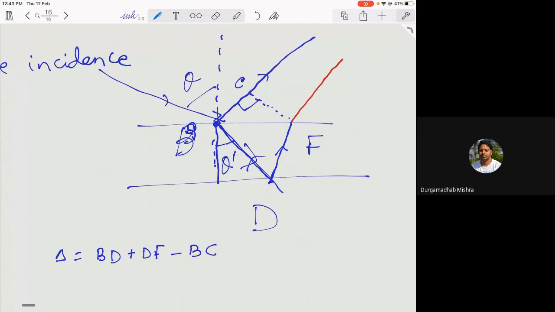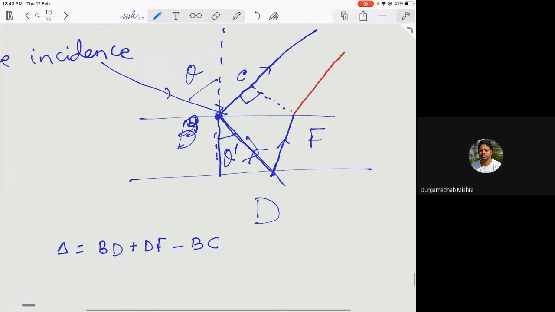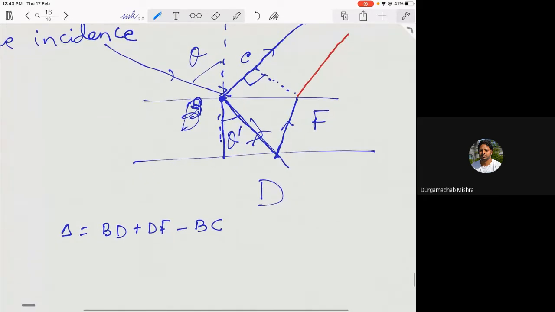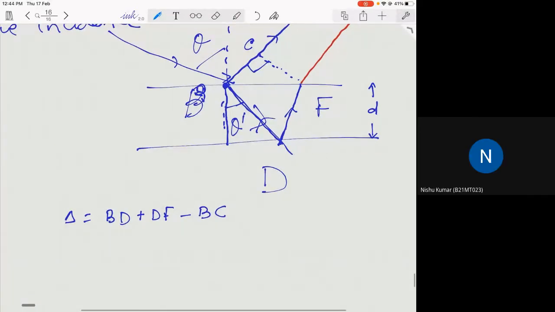It is BD plus DF minus BC. Okay, so what is BD? Here the thickness is d. BD is d sec theta dash.